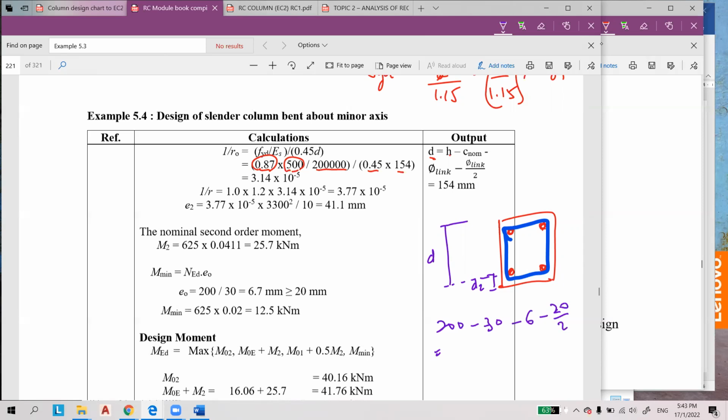So 154 millimeter. You can use it here. So this is the D. Please don't confuse between D and D2.